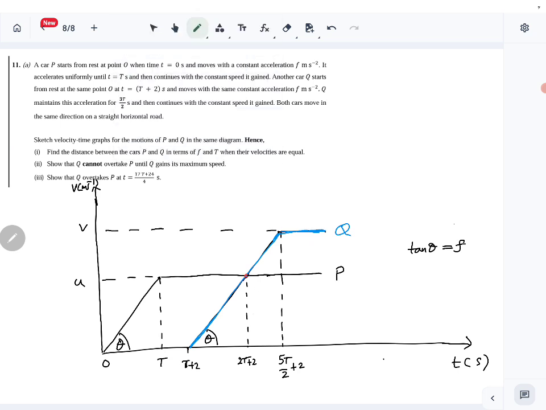So let me label them O, A, B, C, D. So distance.